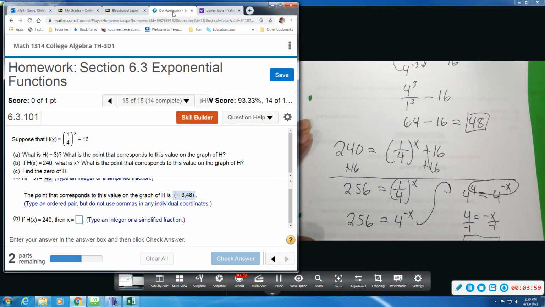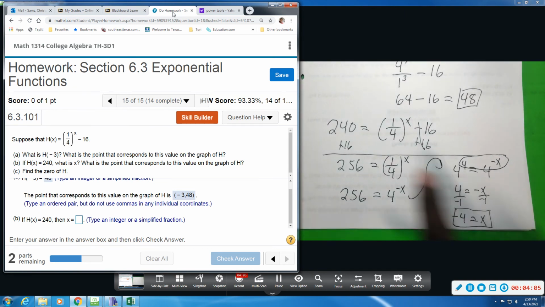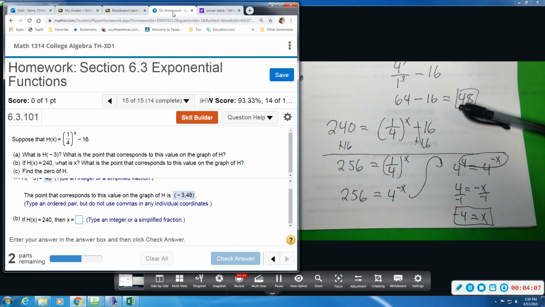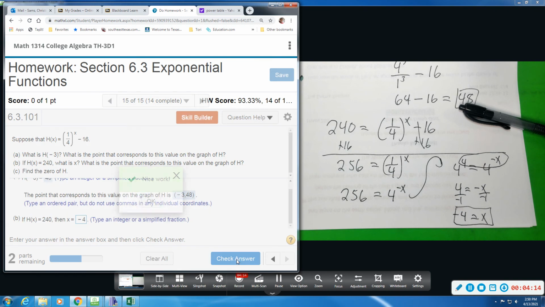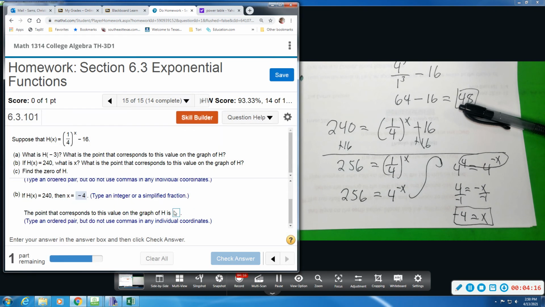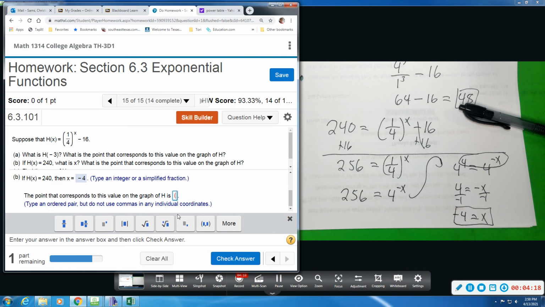So x is -4 when we started out with 240, so that would be our ordered pair. The ordered pair would be -4, 240.